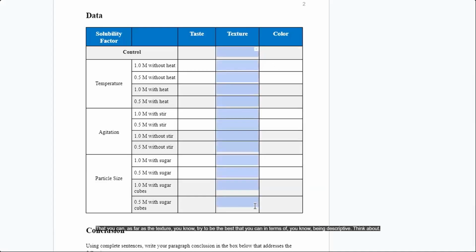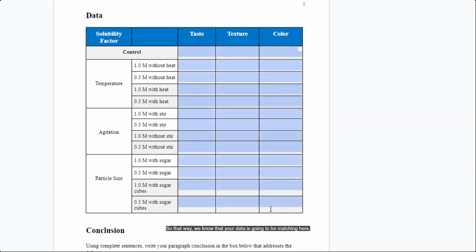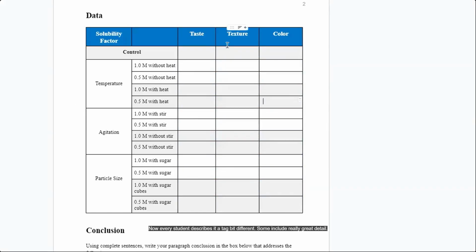As far as the texture, try to be the best that you can in terms of being descriptive. Think about if you're comparing one to the other. Definitely put in here that you watched the video as opposed to doing it on your own, so that way we know that your data is going to be matching hers. Now, every student describes it a tad bit different. Some include really great detail.